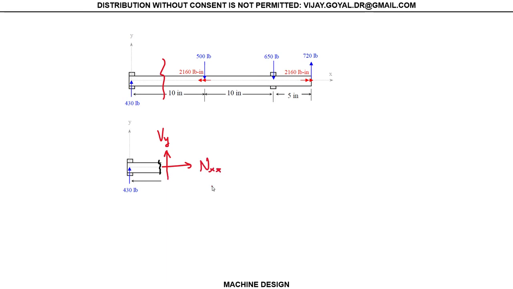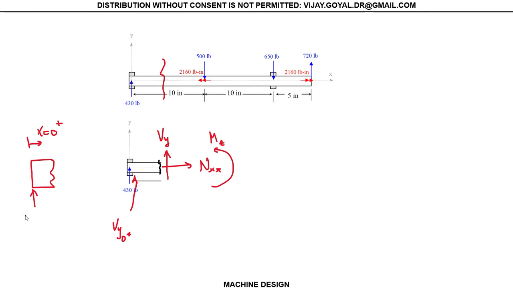Nx, and I have a moment, Mz. Now, before I start, I need to figure out what my load here would be for Vy at 0 plus. To do that, I make a small cut. This cut is at x equal to 0 plus. Remember, this is 0. It's just looking from the right hand side.